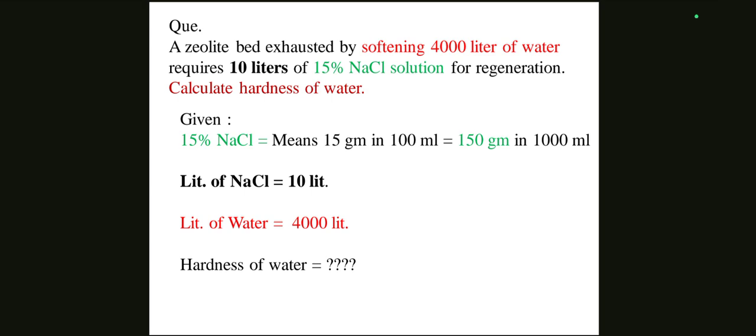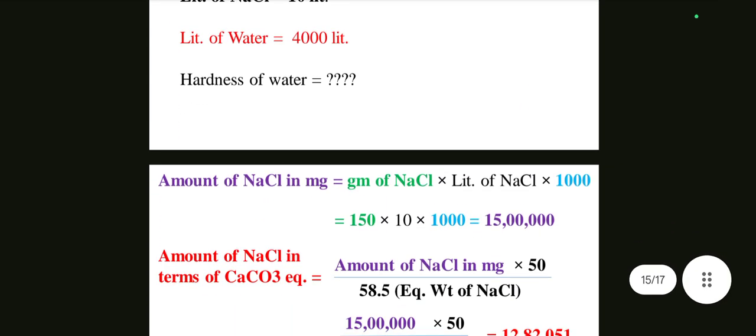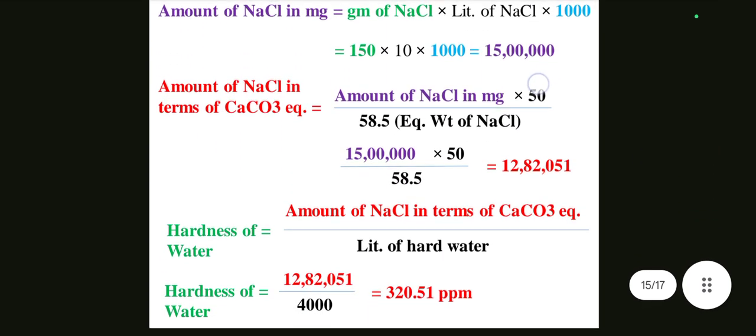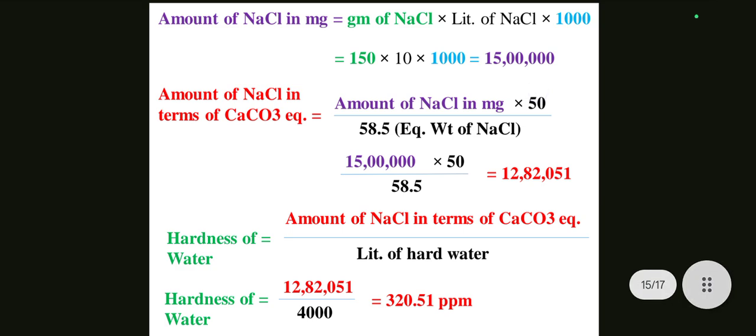So this is the given that you are going to write in the answer sheet. Once you write the given, you have to put the formula, and in the formula you have to place the values. So here grams of NaCl 150, liters of NaCl 10, liters of hard water 4000, and you have to find hardness of water. First formula: amount of NaCl in milligram is equal to grams of NaCl, 150, times liters of NaCl, 10, multiplied by 1000.